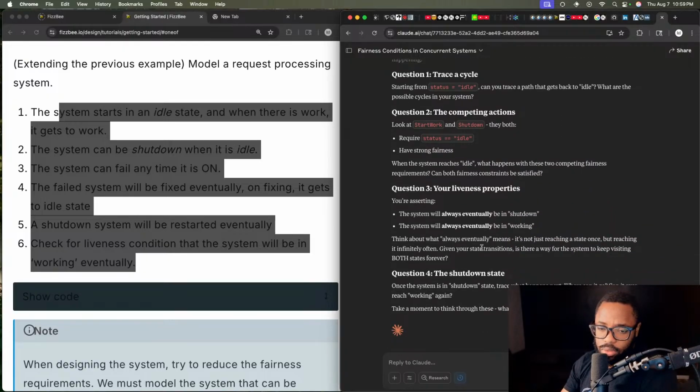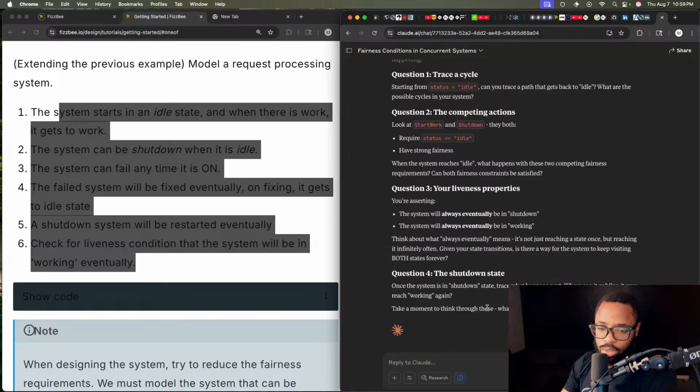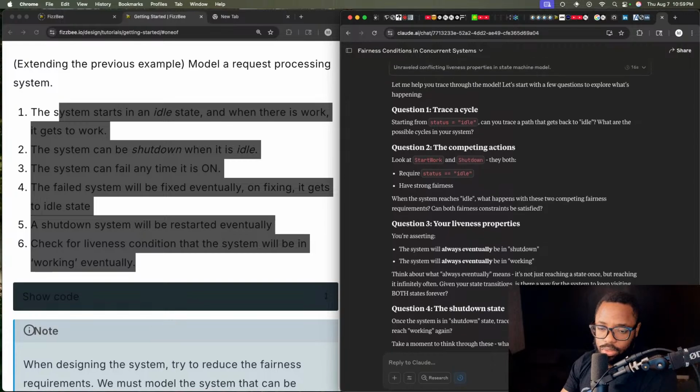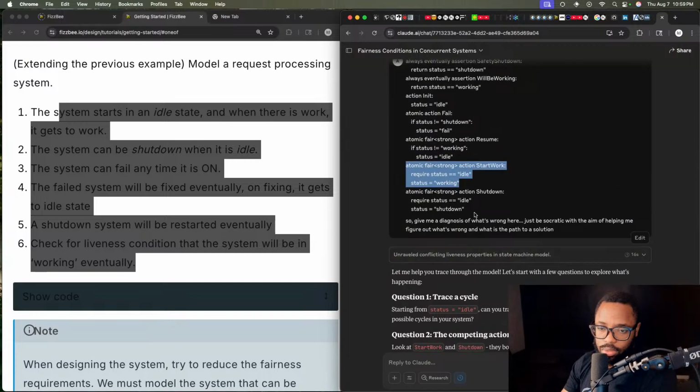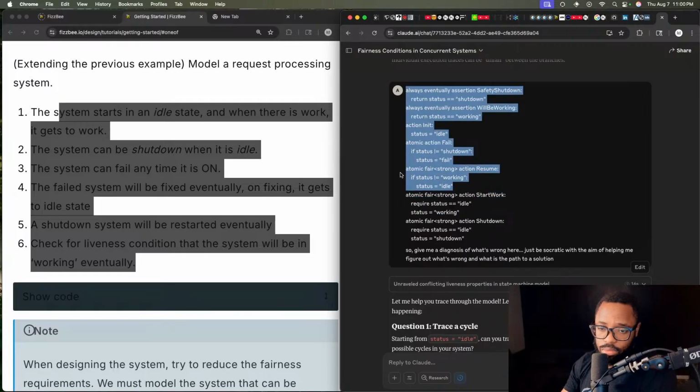Okay. Once the system is in shutdown state, trace what happens next. Where can it go? Can it ever reach working again? Alright, once the system is in shutdown state, you can go to idle, right?